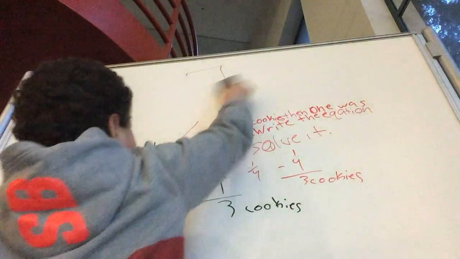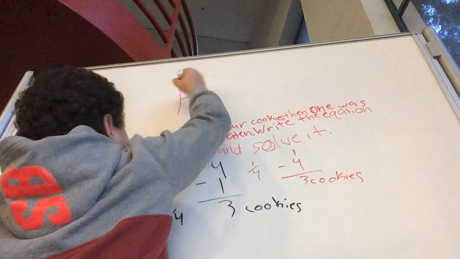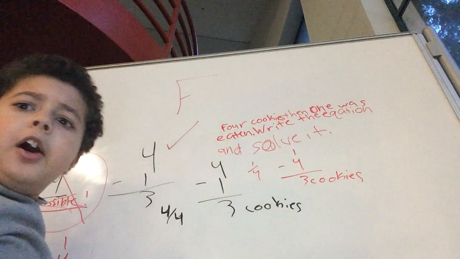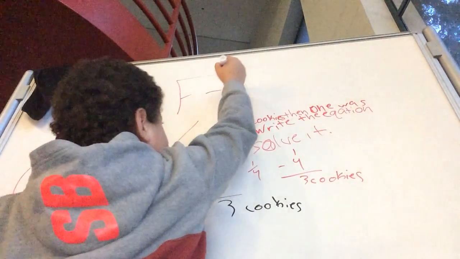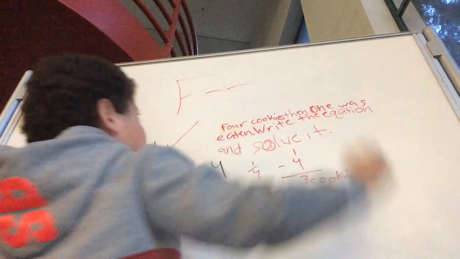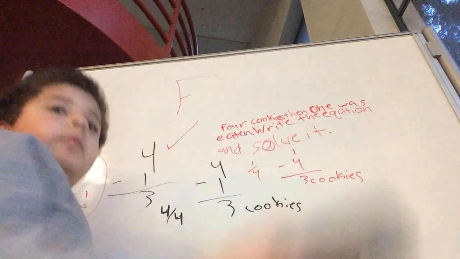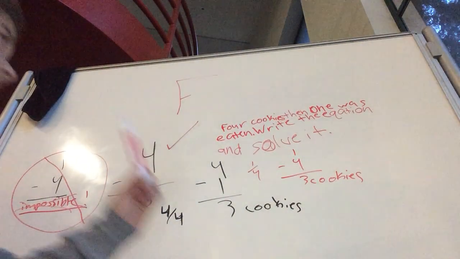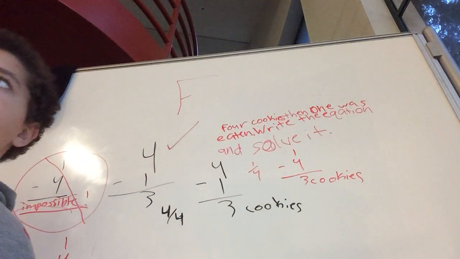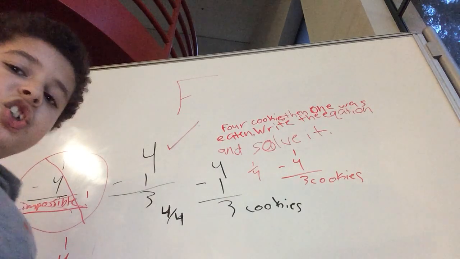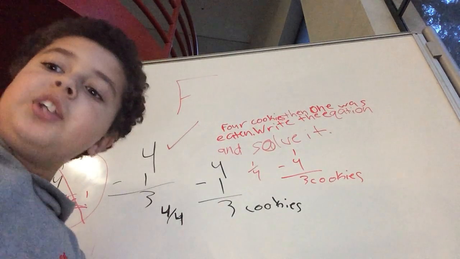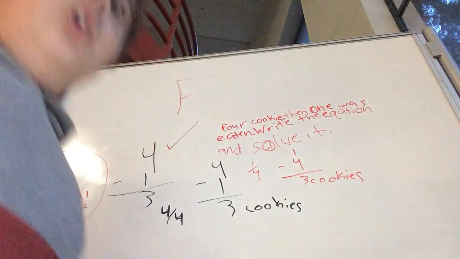Okay, hold on. Sorry. I meant to write it. That was an F. F equals fail. They just failed. Good job, dude. You got an F, which means you have to stay in elementary school for another year.